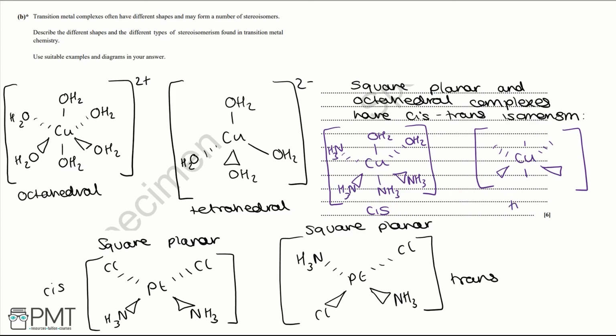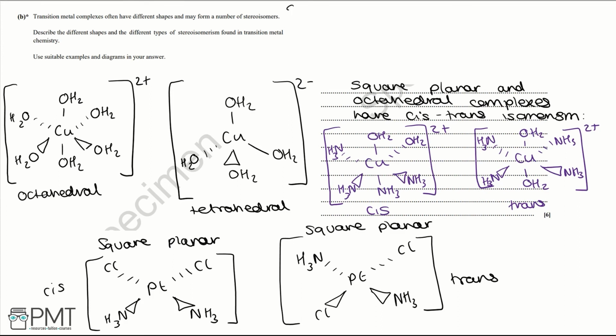But our trans would have them on the opposite side. So we could have water here and here. And then the rest of our complex will have our ammonia as our ligands, making sure that we're bonding to the nitrogen and the oxygens. And then just to finish, put our overall charge of 2+ on both arrangements.